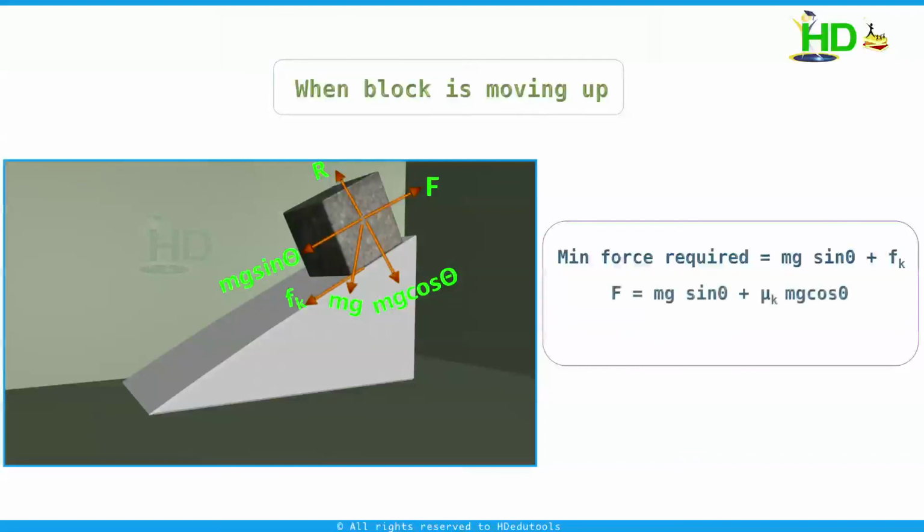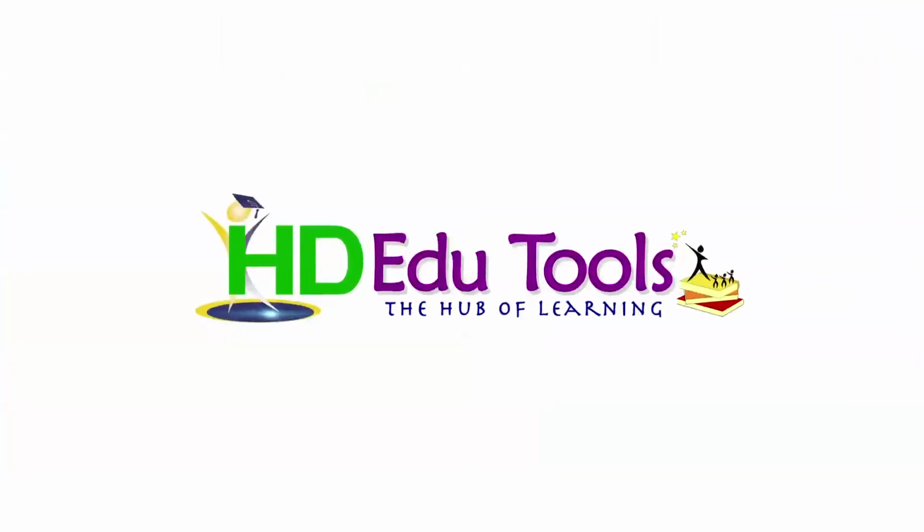Therefore, F equals mg sin theta plus mu k mg cos theta. If this force is applied, the body moves up with uniform velocity. Why? Because this is the minimum force required to move the body up.